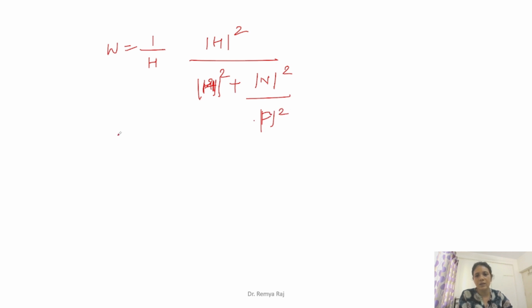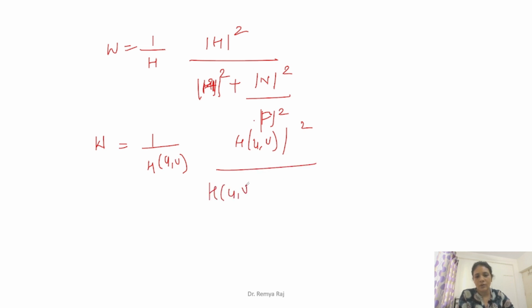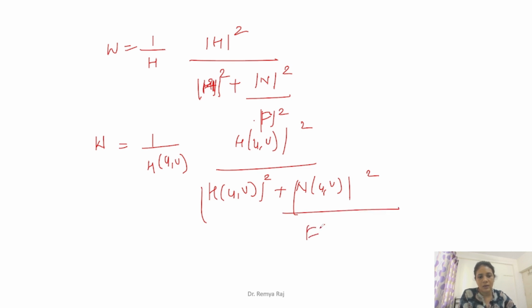So this can be written in the frequency domain in terms of u and v as 1 by h of u comma v into h of u comma v the whole square divided by h of u comma v the whole square plus n of u comma v the whole square by f of u comma v the whole square.